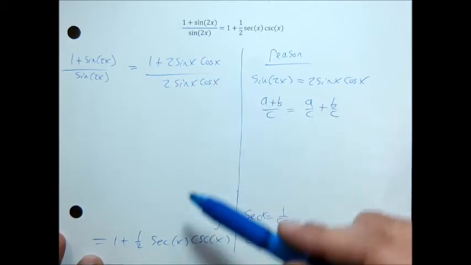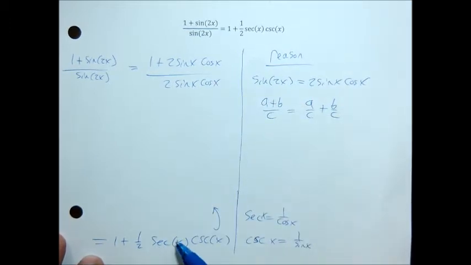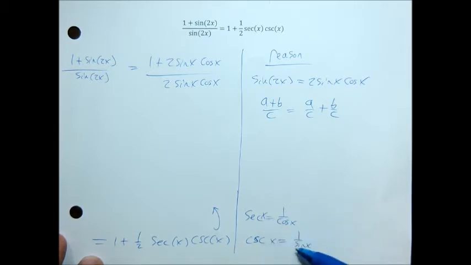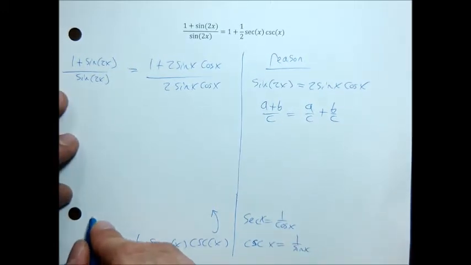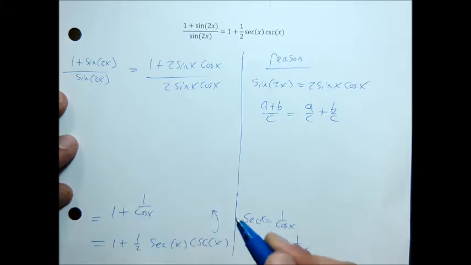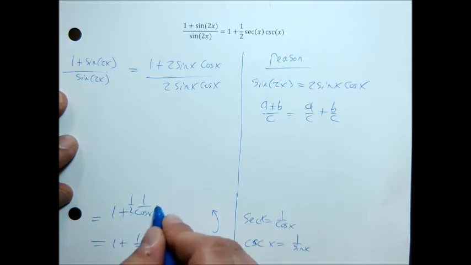I know I eventually want to get this, so let's plug in secant is 1 over cosine, cosecant is 1 over sine, and see if we can start working back towards the middle. Oops, I left my 1/2 out.